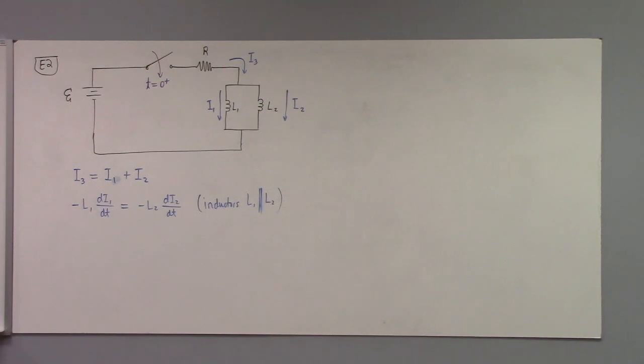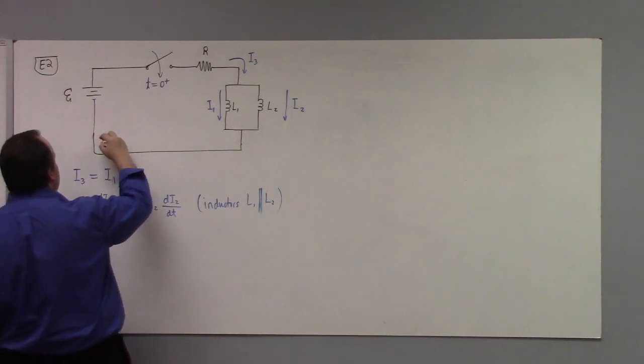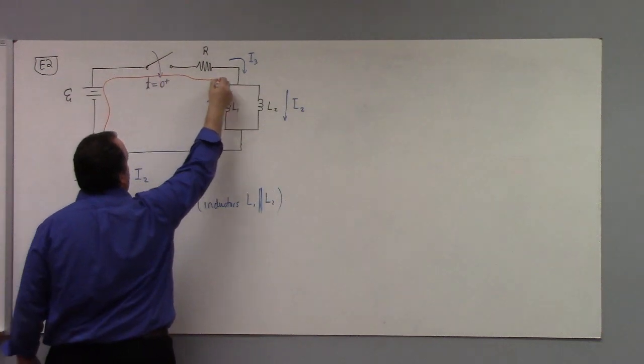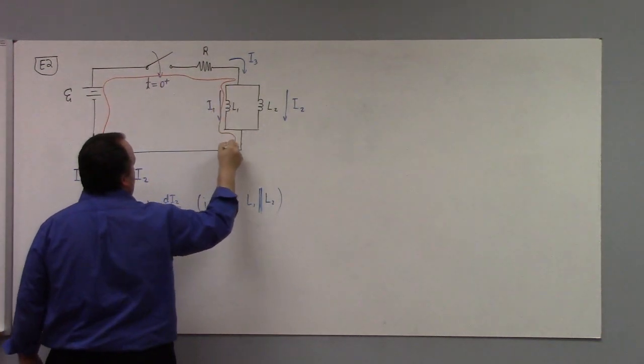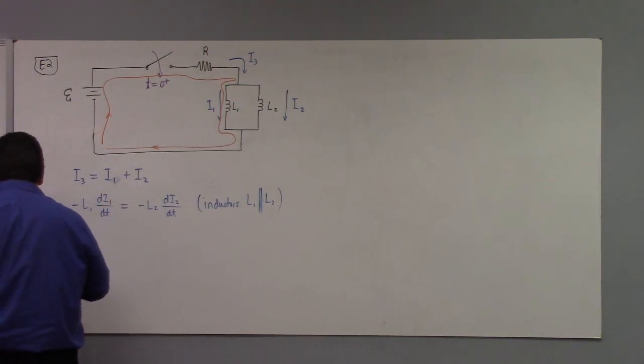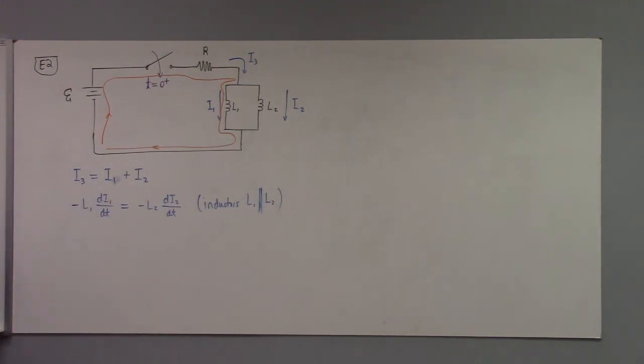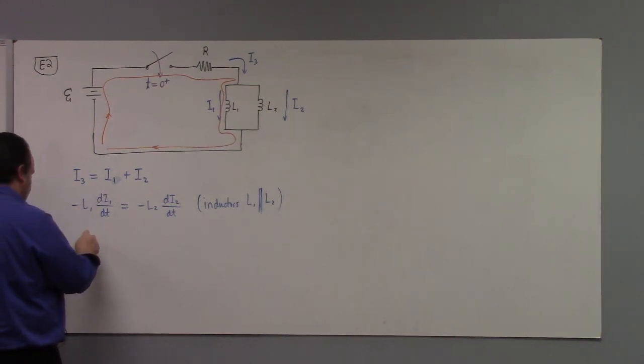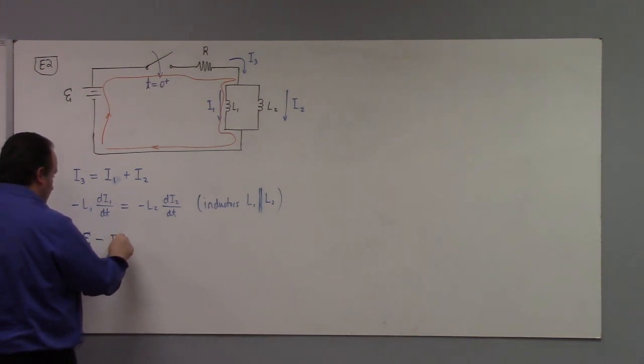We still need a Kirchhoff's current law for the big loop, right? Sorry, it's going to be the voltage law. So I'm going to go this way. That's the loop I'm going to make, okay? If I make that loop, that gives me E minus IR.